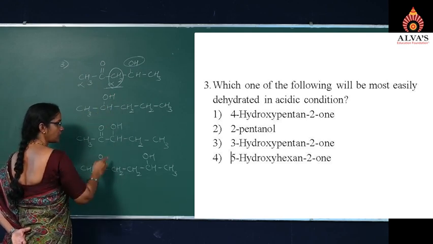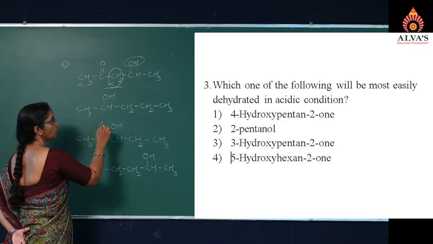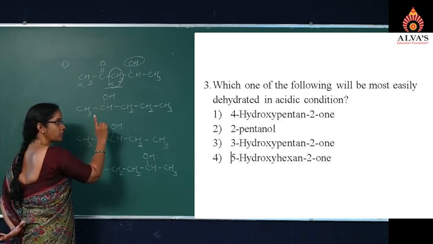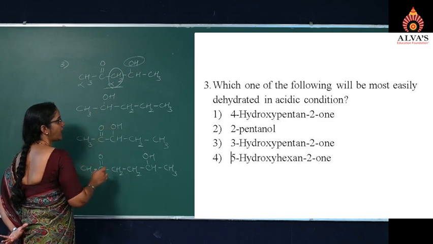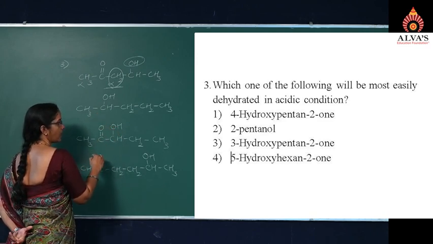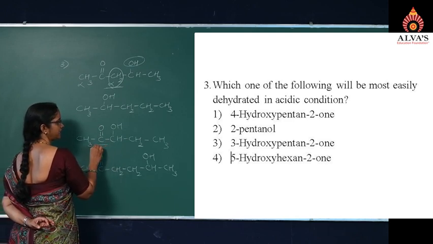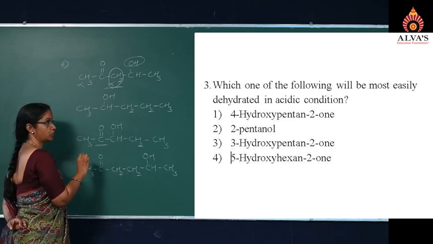In case of the remaining molecules, we observe that the OH group can be protonated, but the removal of hydrogen from the neighboring carbon cannot be easily facilitated by the presence of the C=O group.